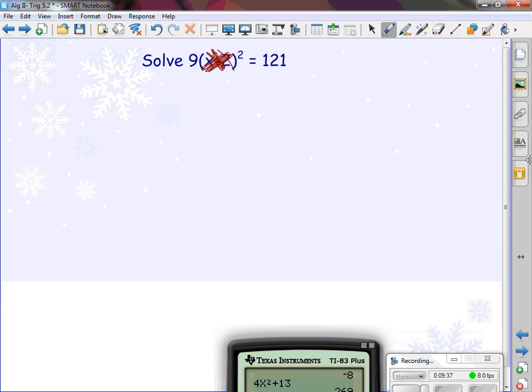What do I need to do first? Divide by 9. 121 divided by 9. Can I do that evenly? No. So I'm going to leave 121 over 9.